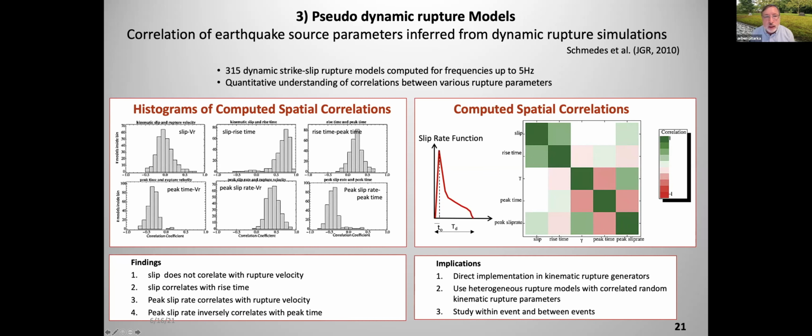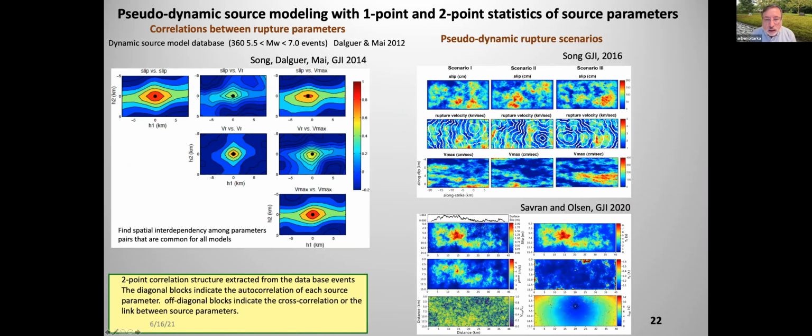And most recently, I think there is a very interesting amount of study that is now focused on developing those rupture dynamics models, but using a one-point and two-point correlation structure.